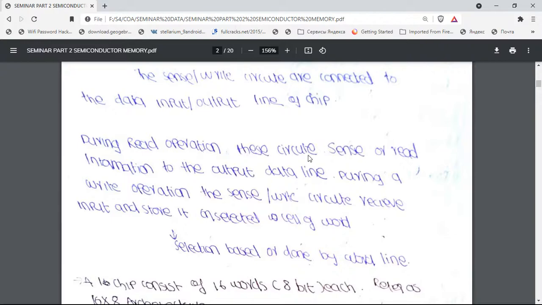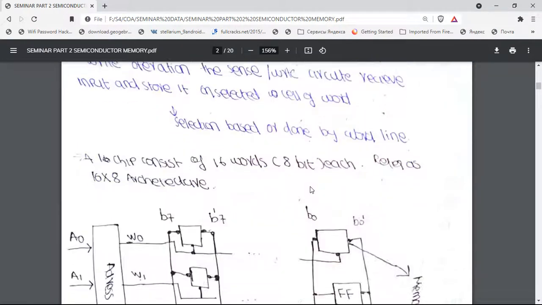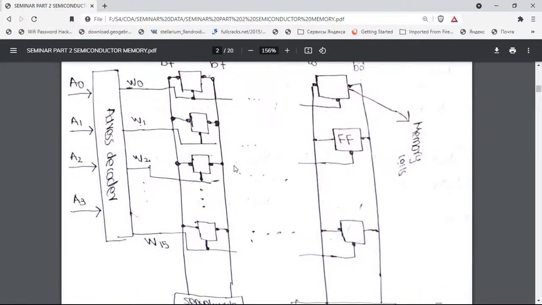During a read or write operation, there is a 4-bit line which is connected to the address decoder.